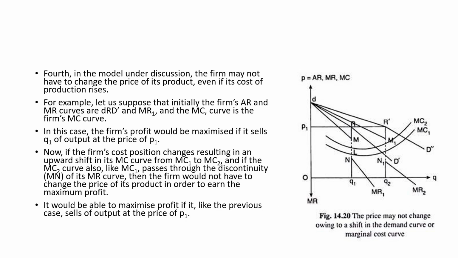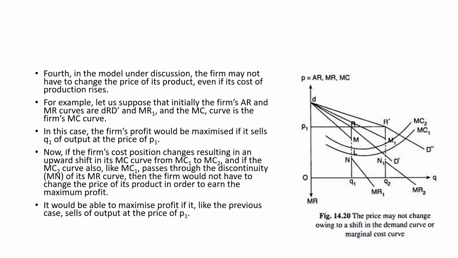Now, in this model, we could see that the firm may not have to change its price even if its cost of production increases. For example, let's suppose that initially the firm's AR curve, that is the average revenue curve, and MR curve are D dash and MR1, and MC is the marginal cost curve. In this case, the firm's profit would be maximized if it sells Q1 output at P1 price.